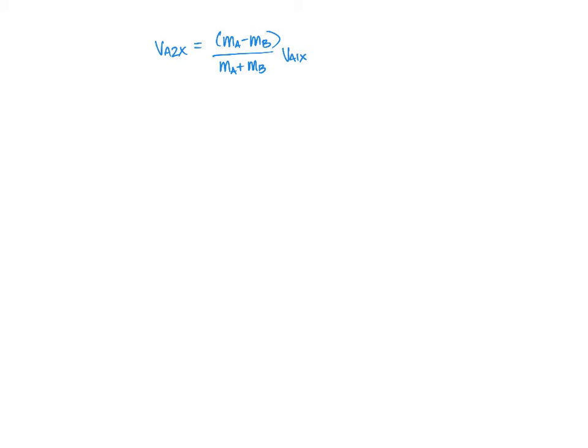So what this is doing is telling us that there's an expression for the final velocity of object 2 in terms of its initial velocity, and so that's really helpful.